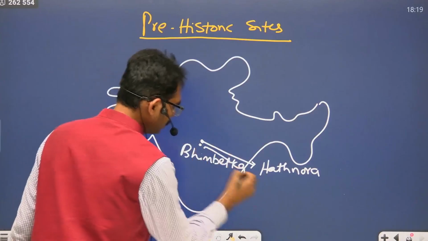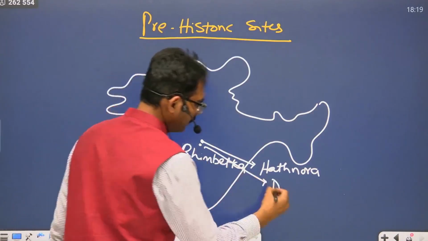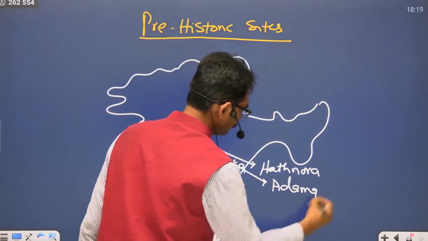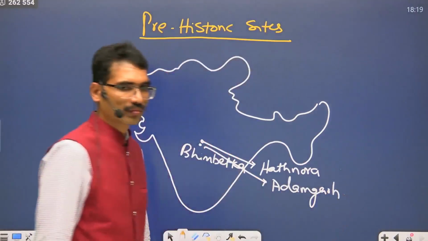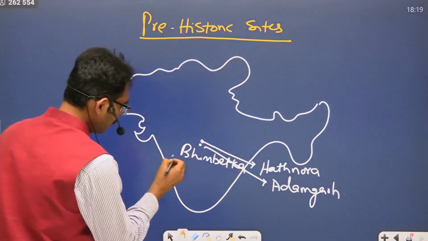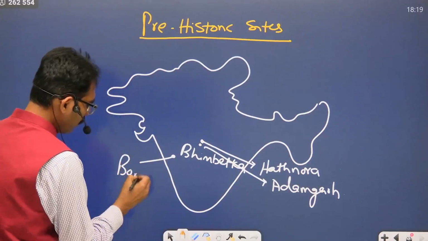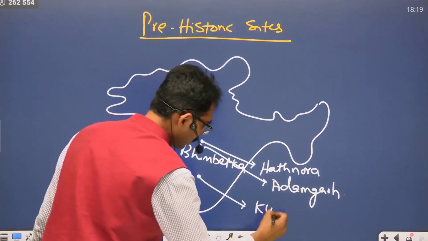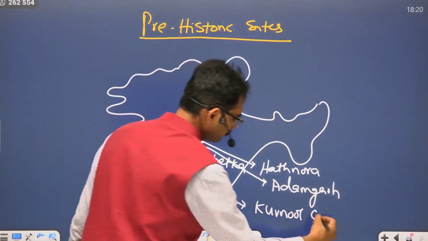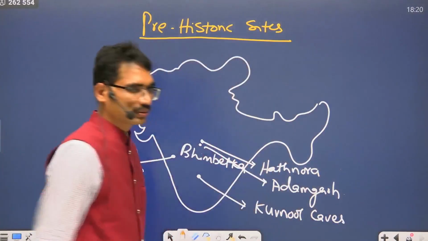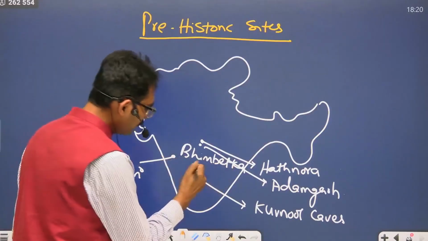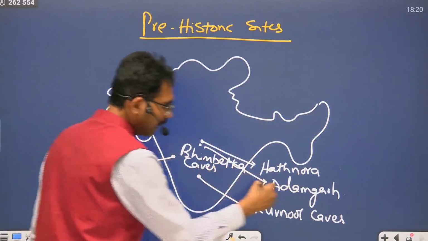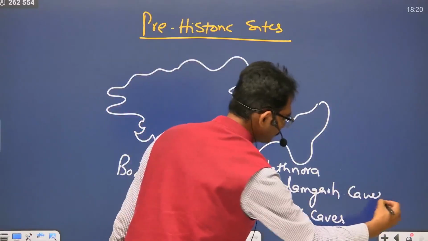And there is a place called Adamgarh. In Maharashtra, there is a place called Bori. In Andhra Pradesh, there is a place called Karnool Caves. Bhimbetka Caves. Adamgarh Caves.